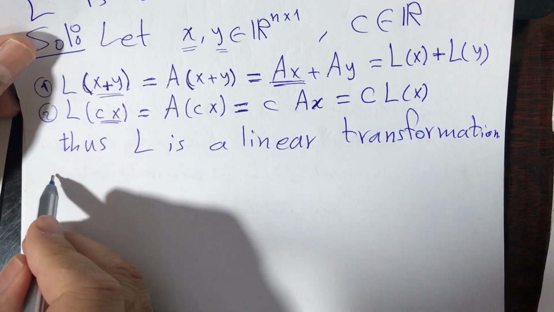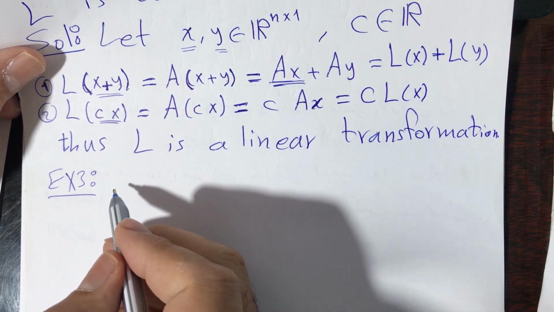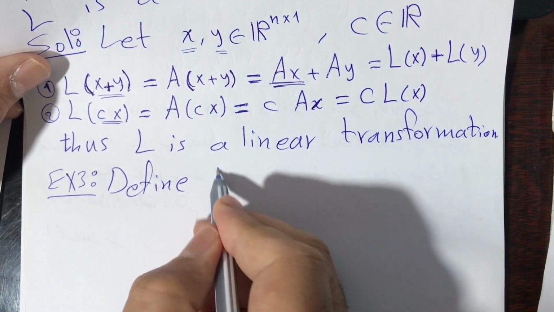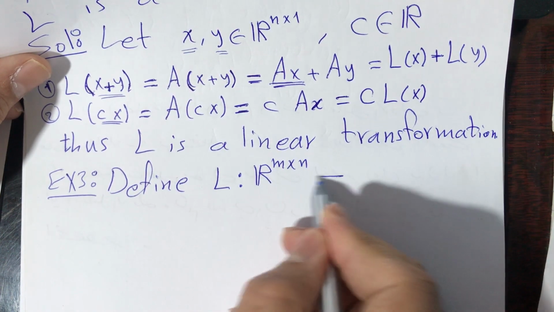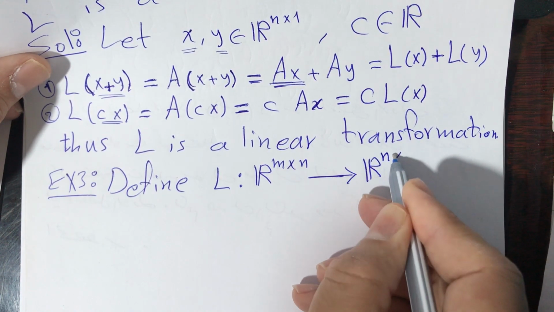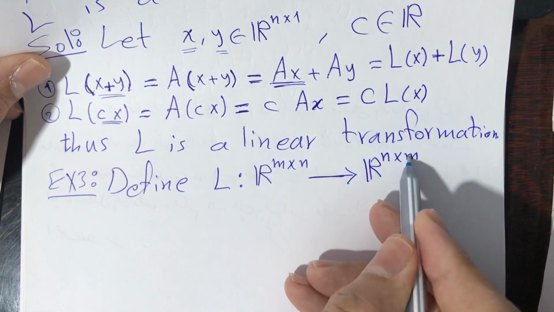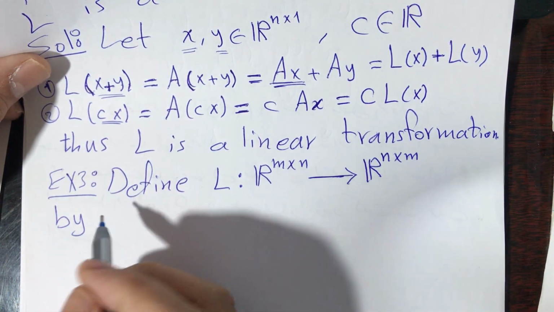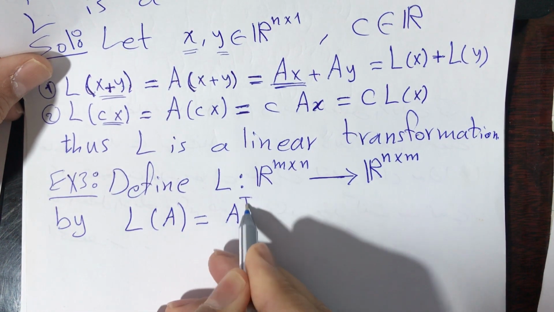Now we take example 3. Define L from R^(m×n) into R^(n×m), defined by L of A is equal to A transpose.